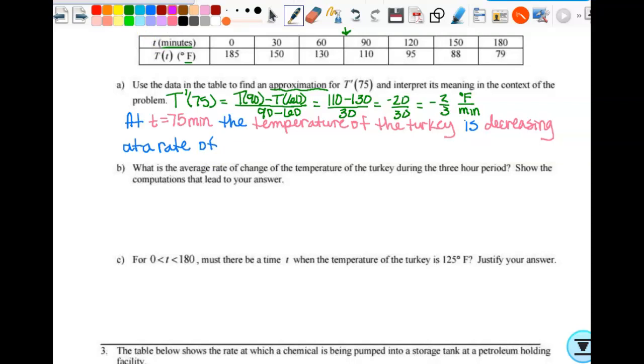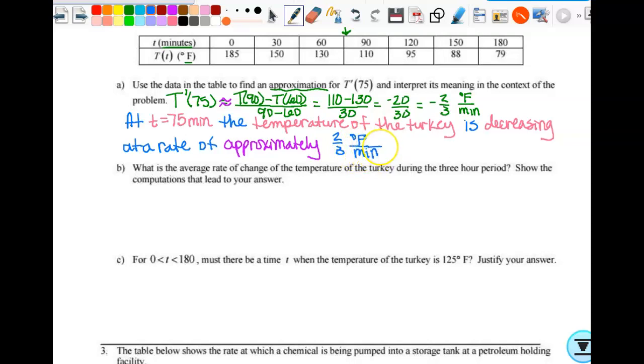Two things here. It's an approximation plus right here. Come back and look at right here. I was supposed to do that and I didn't. I did it last time too, I think. Because it's approximately. It's not exactly, we're approximating. A rate of approximately 2/3 degrees Fahrenheit per minute.